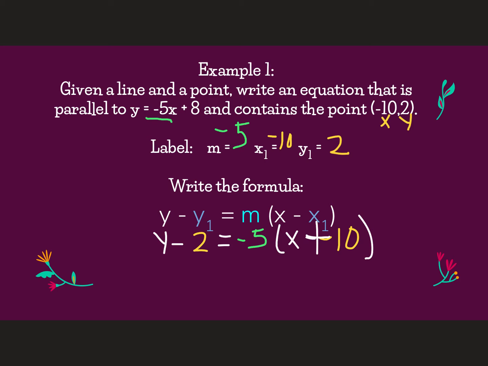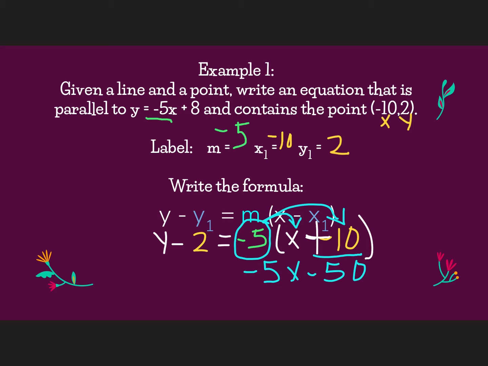So now we're going to do some math. We're going to clean this up. So we have -5, there's our pizza. We need to distribute it to everyone inside the house. So -5 times x gives us -5x. -5 times a +10 gives us a -50.